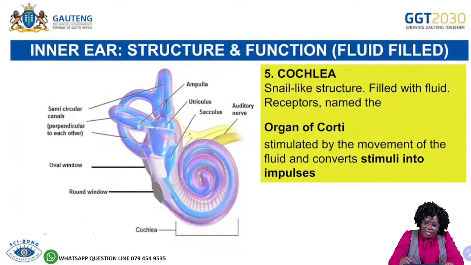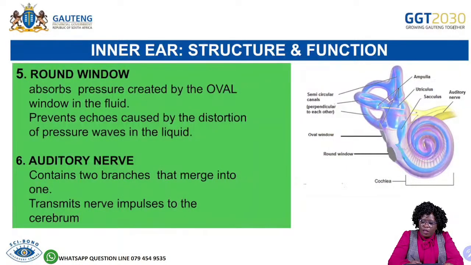If you check this out, the cochlea is a snail-like structure. This we have spoken about. It has the organ of Corti, and movement of the fluid, which is the pressure waves, will convert stimuli into an impulse or impulses. Now, this is the round window. Oval window, round window.